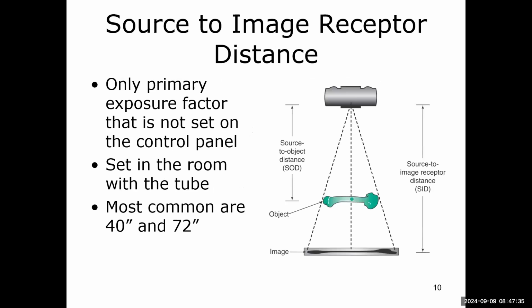The source to image receptor distance, again, is the only primary exposure factor that is not set on the control panel. So this is set in the room. The most common are 40 and 72. So that's what you need to know for testing purposes. 40 and 72 are the two standards.